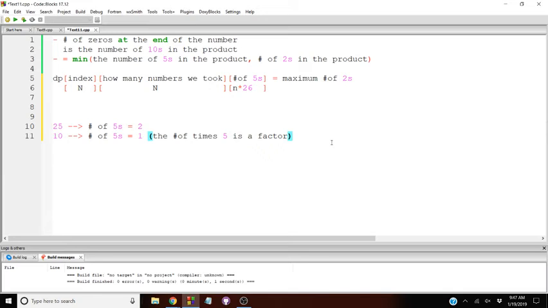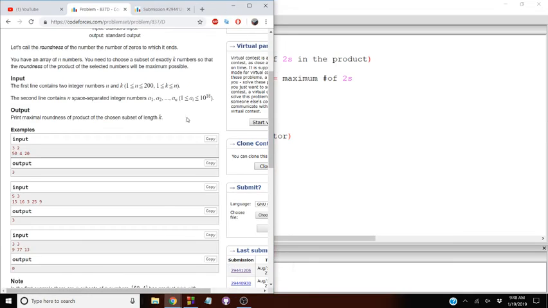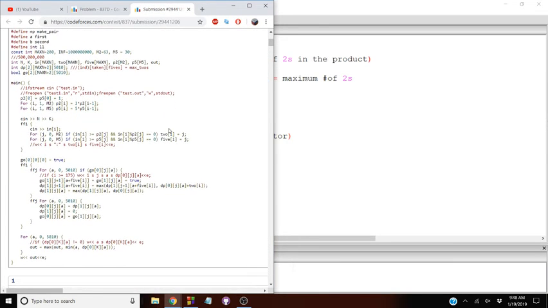Okay, cool. So now basically what we need to do is calculate this DP array. I'm just showing you my code because I don't want to rewrite it, since I don't think we have time.